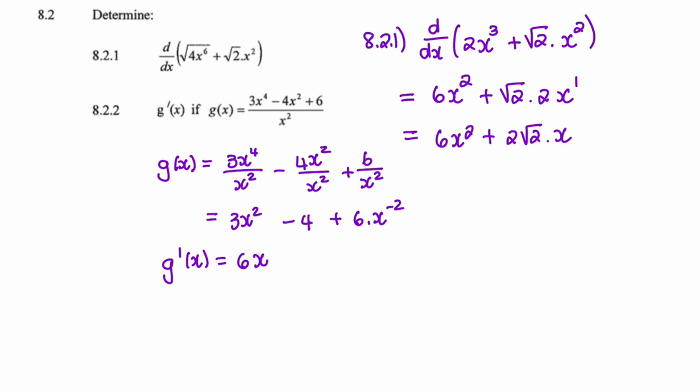So it's simply 6x minus 0, because our middle term does not have an x, so it simply becomes 0, minus 12x to the power of negative 3. So I'm taking plus 6, and I'm multiplying it with negative 2, and that's how I get negative 12, and I subtract 1 from the exponent. So my final answer would be 6x minus 12 times x to the power of negative 3.